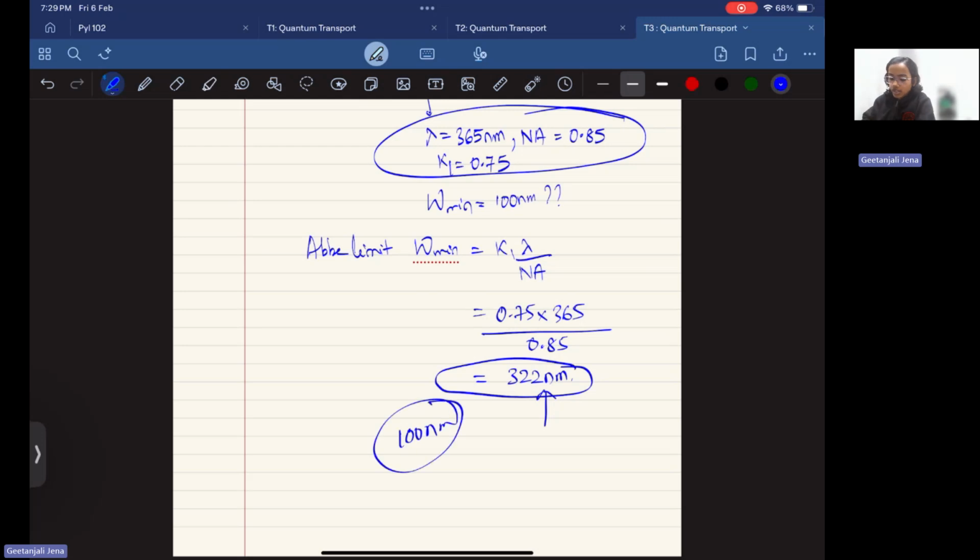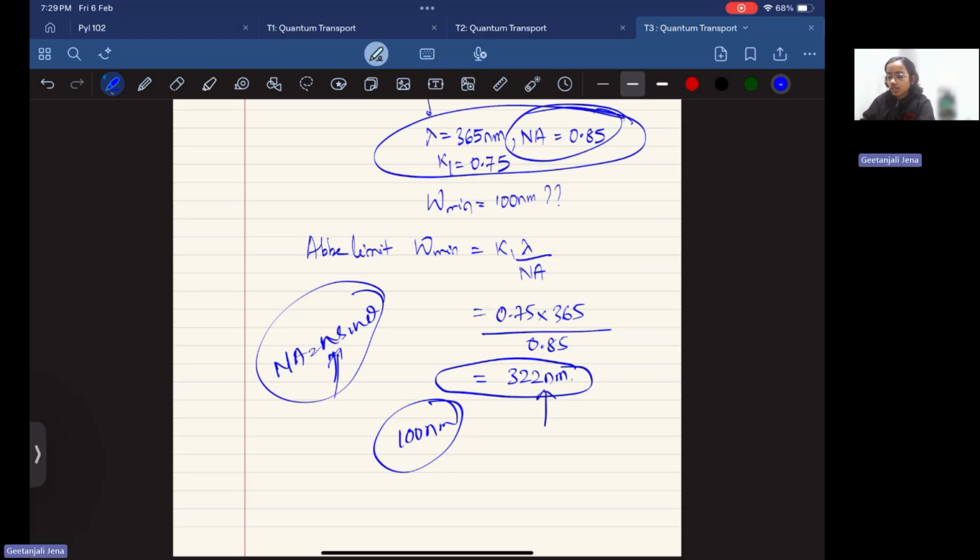To get that feature size, the best practice is to change the numerical aperture. If you recall, numerical aperture is given by n sine theta. So we can change the refractive index, and we say this is immersion photolithography. If you change the refractive index, then it's possible to change the feature size.